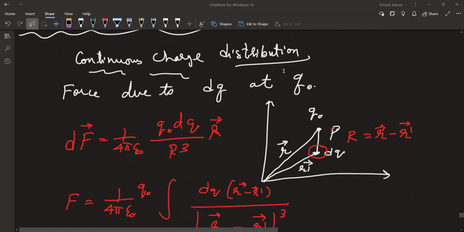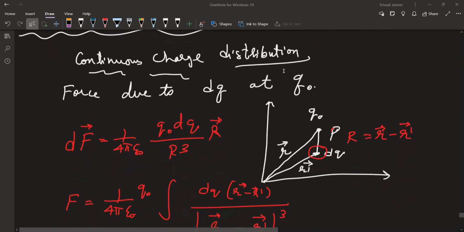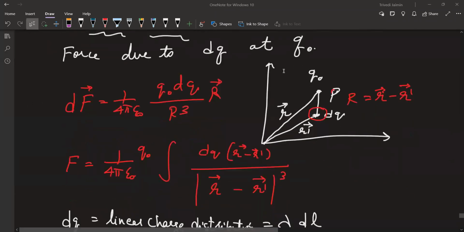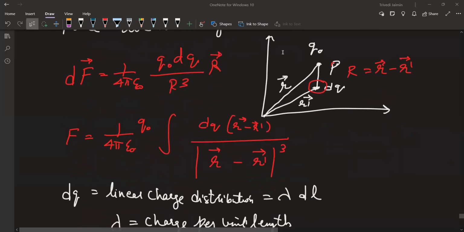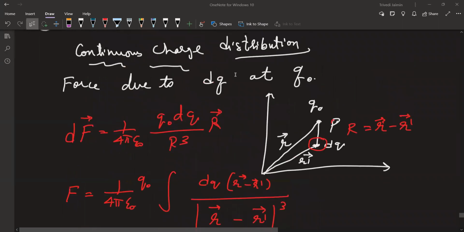So continuous charge distribution means integration. As I said yesterday also, when we are finding a continuous distribution, we integrate.